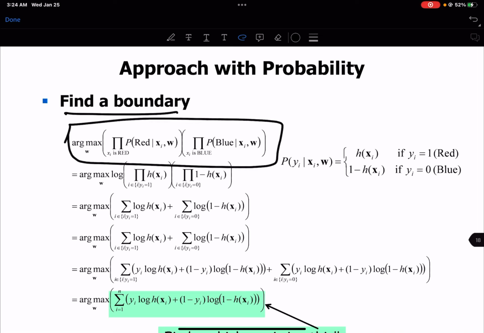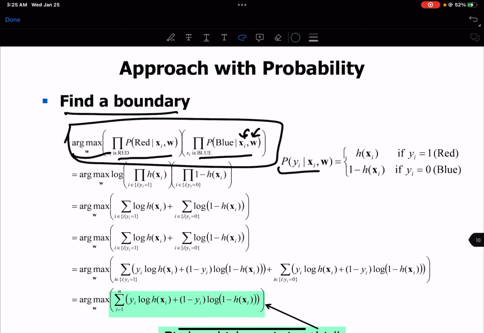We have to maximize this multiplication factor. So this is the same as the likelihood of being red and the likelihood function for the point x_i to be blue, such that the input is x_i with weights w, or regression coefficients w, and you have to maximize this.